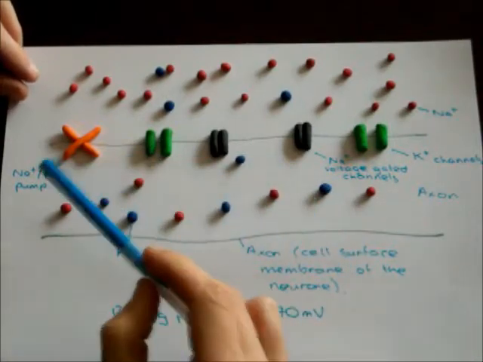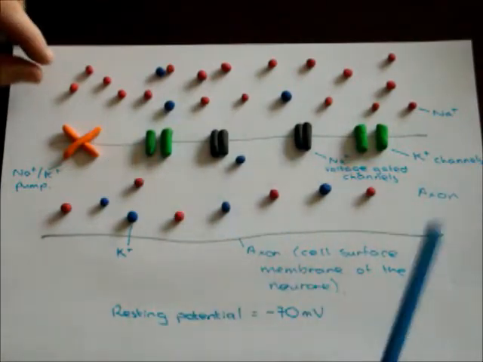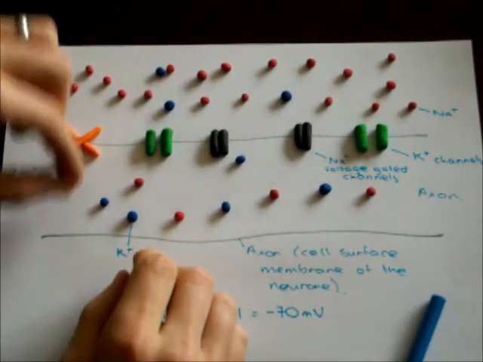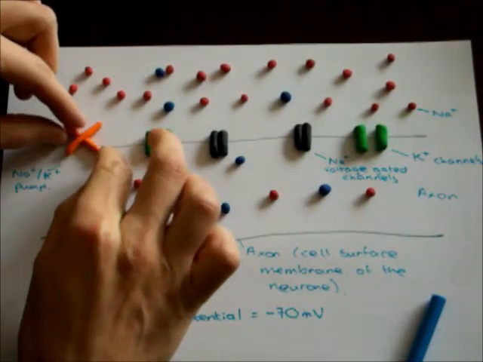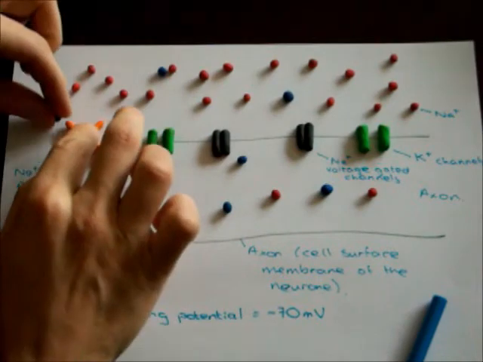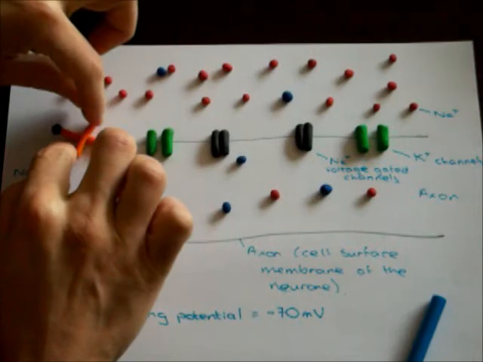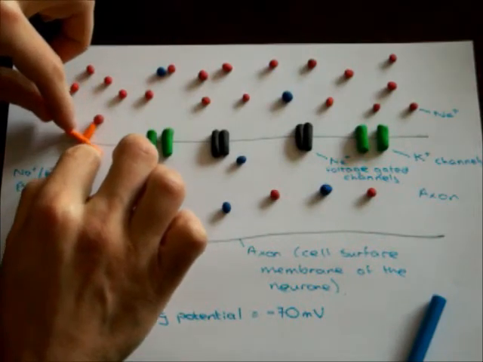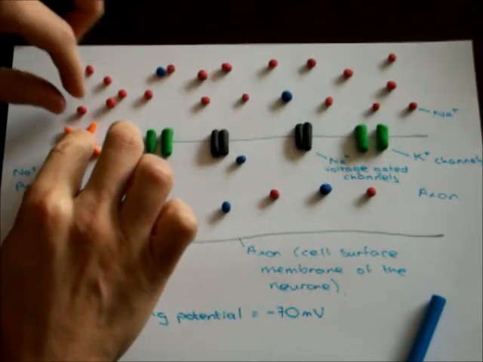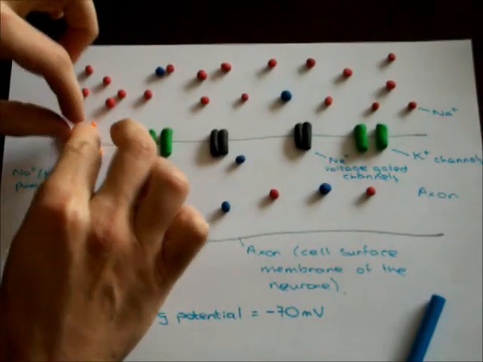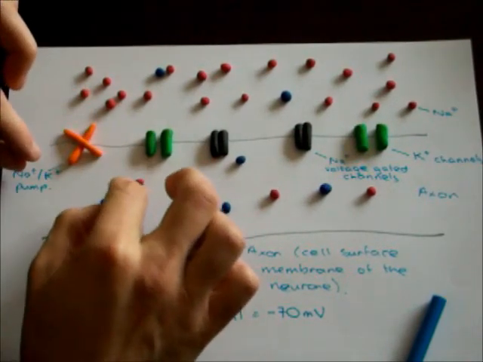Now, it's the action of the sodium-potassium pump that helps to maintain this. Sodium binds on inside the membrane to the sodium-potassium pump, and potassium binds on from the outside, and it is transported using ATP, so it's active transport, so that the sodium is released out into the extracellular fluid surrounding the axon, and the potassium comes into the intracellular fluid inside the axon.